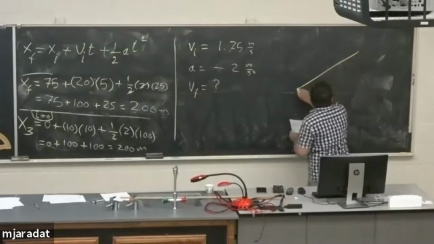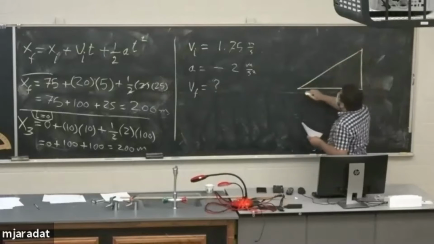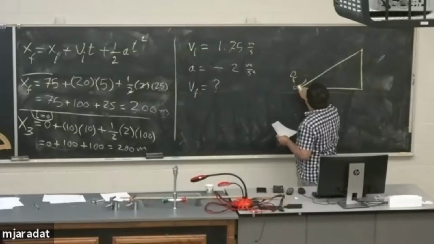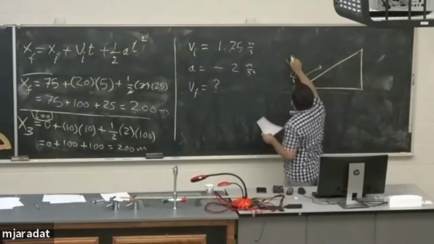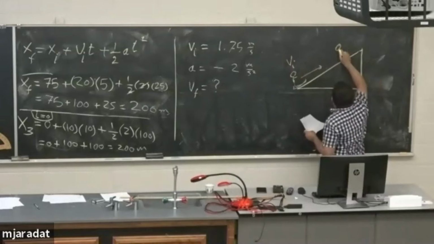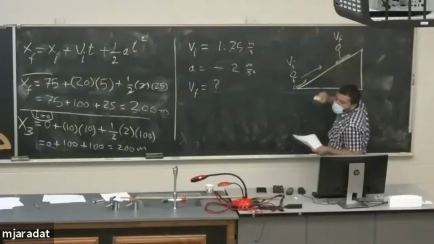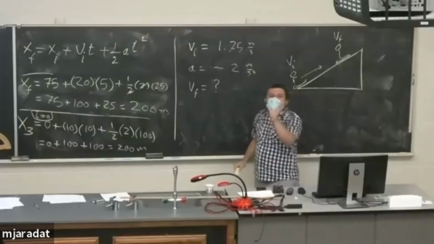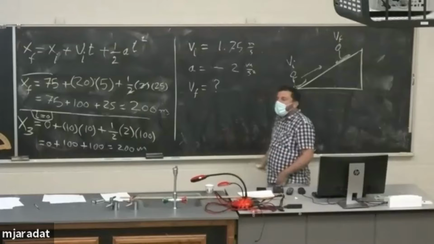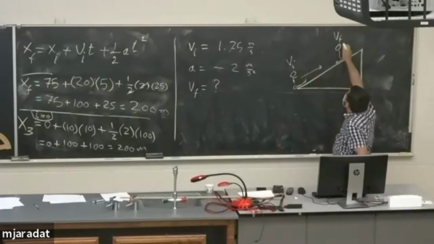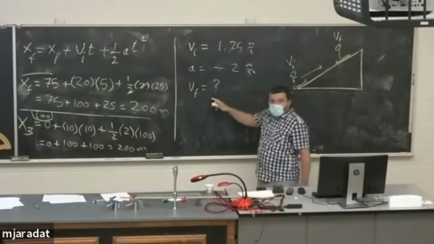We have this experiment, and we have a starting position here. And we start with V initial and stop at this point. How much is V final? When I am telling you in the question that he stopped at this point, how much is the velocity here? It should be known.